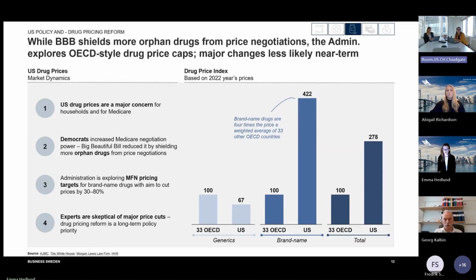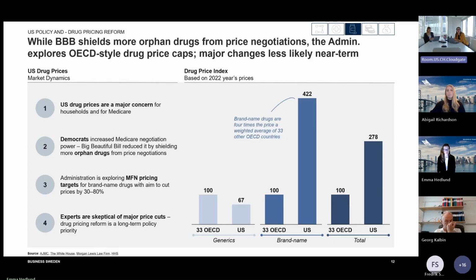And this has been a focus beforehand. Democrats have also had some activities around it and tried to increase Medicare negotiation power. So some of the government programs had more negotiation power with pharma companies.